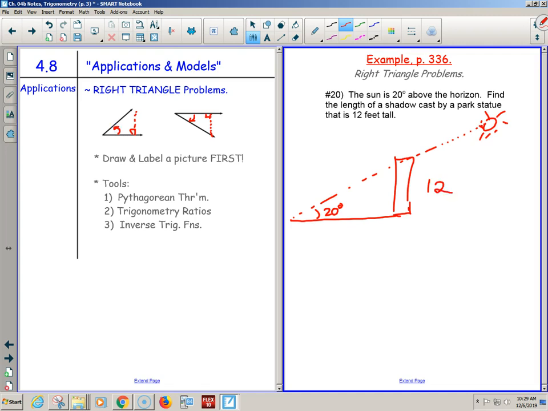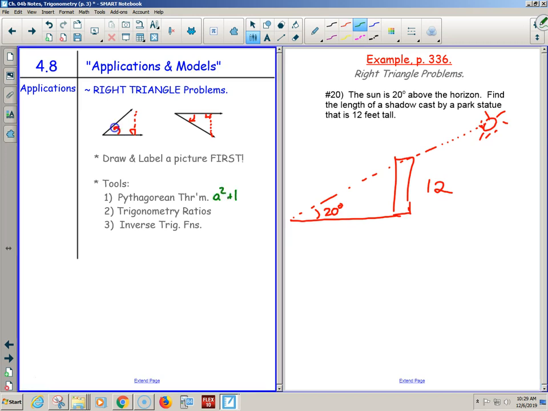Has anybody figured out, maybe it might help to remind ourselves of what I mean by Pythagorean theorem? Like what you're trying to get, but then how to put it all together.